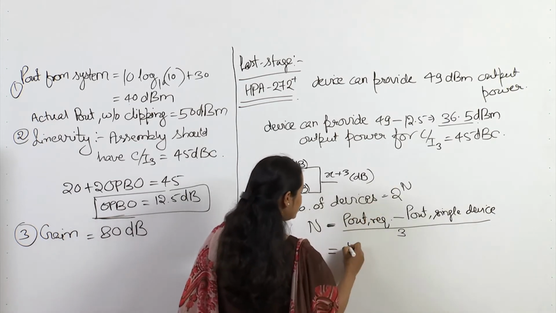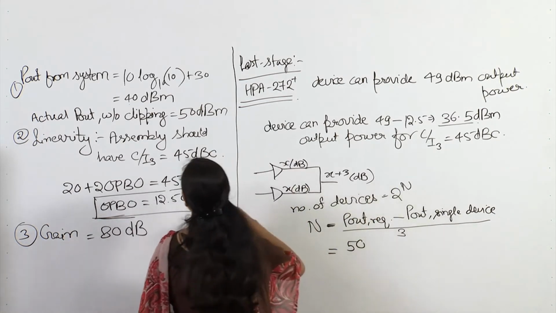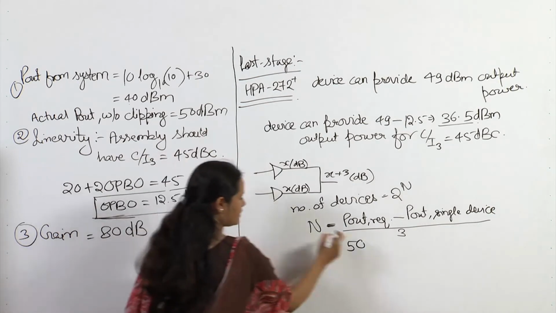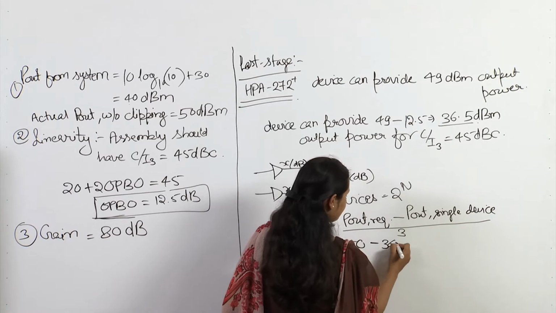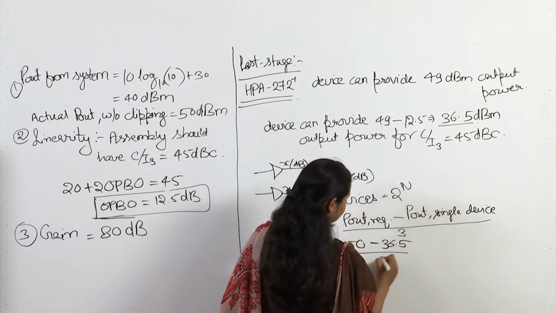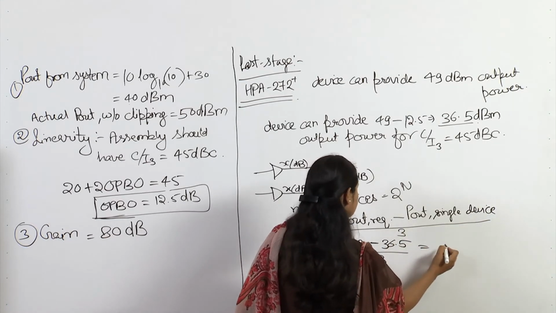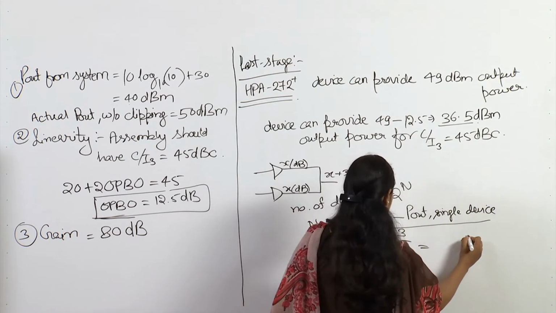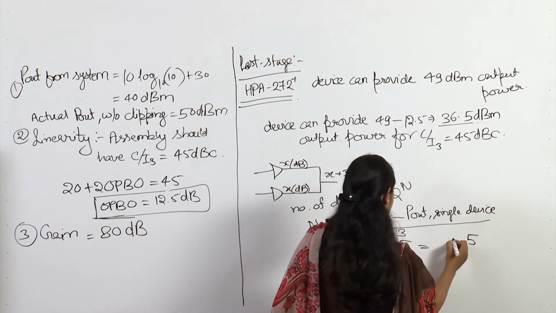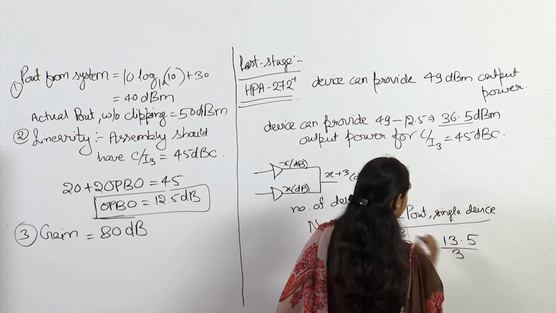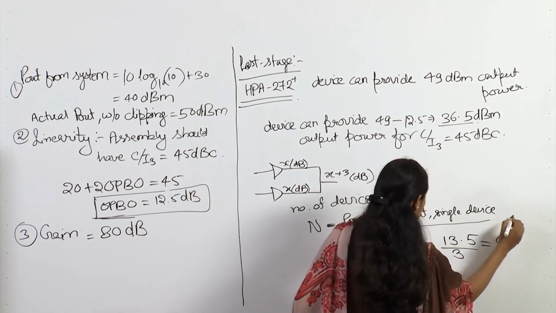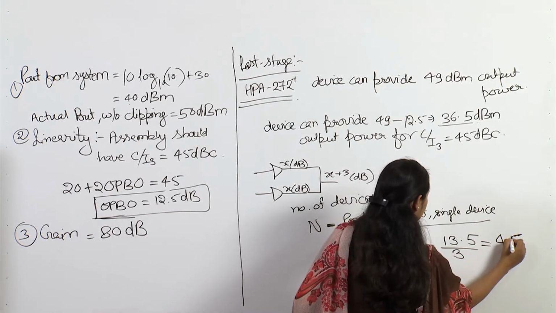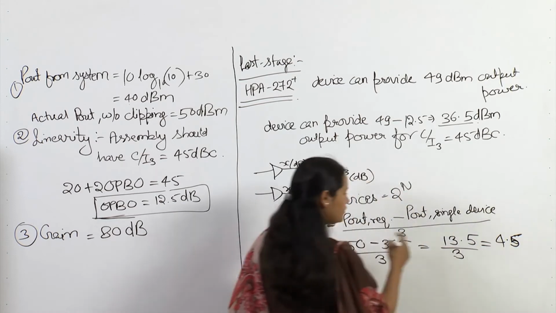We need 50 dBm here, and our single device can provide us 36.5 only. So, n is coming out to be 4.5.